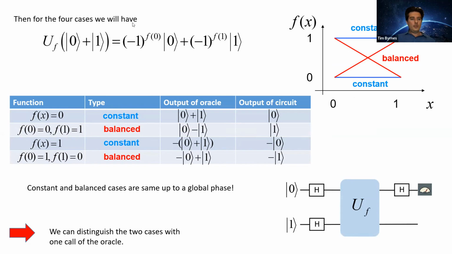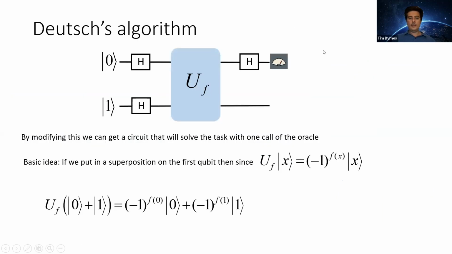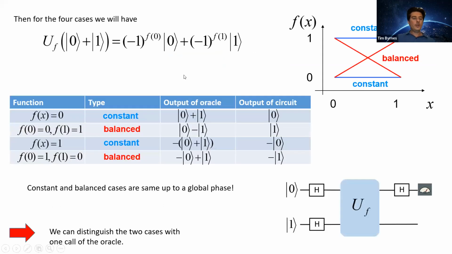We just have to look at what is happening to this first qubit when it's output. So we're going to look at what the state is at this point here. Let's look at four cases.